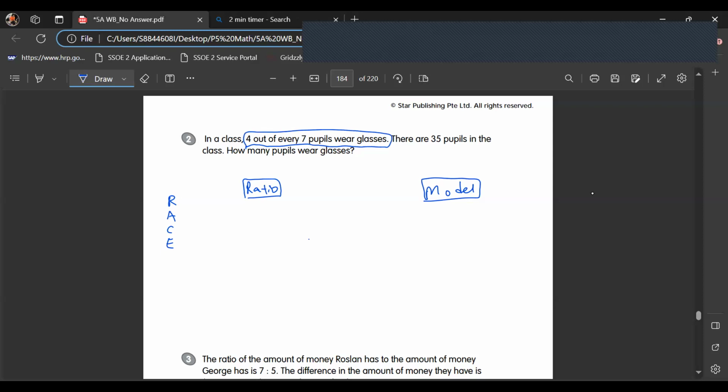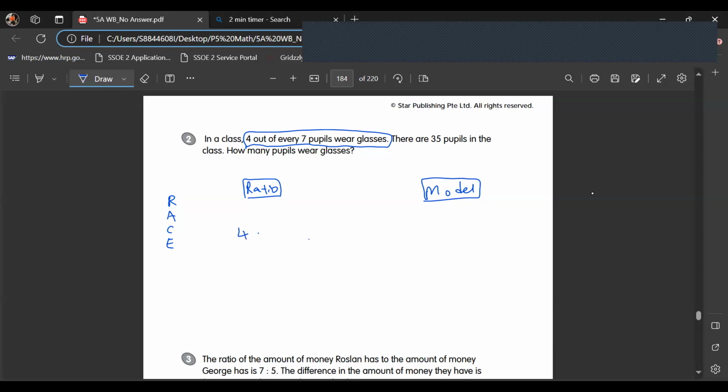But it cannot be a ratio. So I can say it's 4:7. But wait a minute, what's the title? This is wear glasses. Okay, I'm going to get my eraser ready because I think some of us might be making some mistakes.